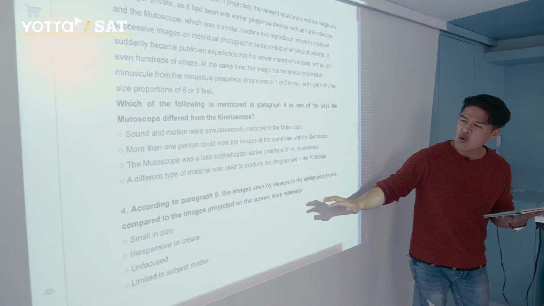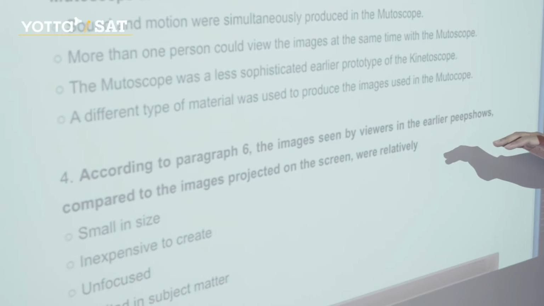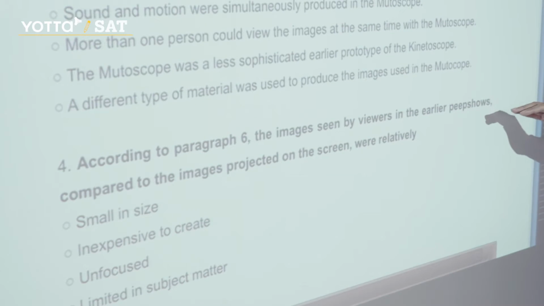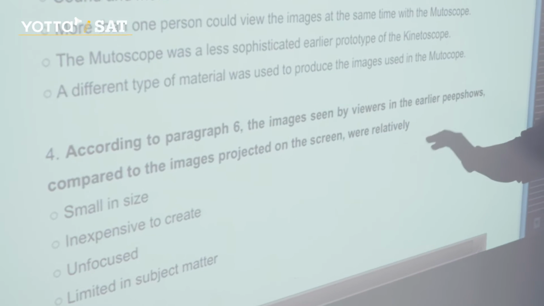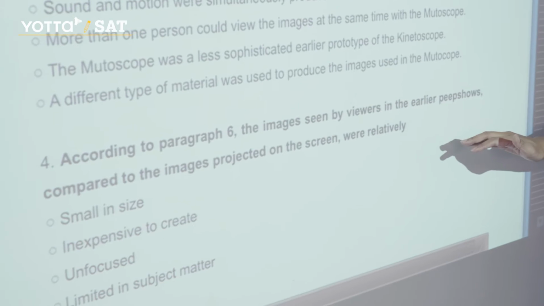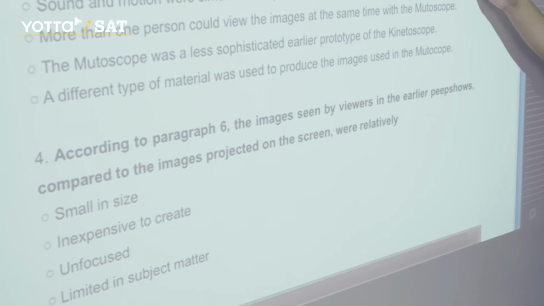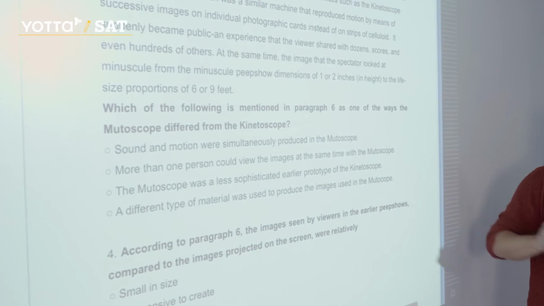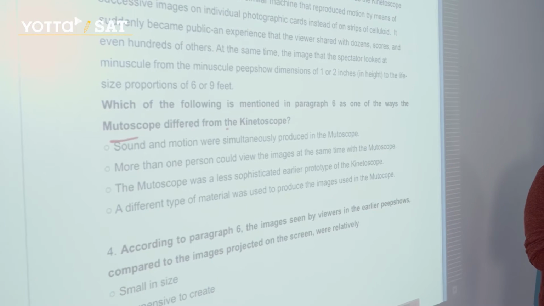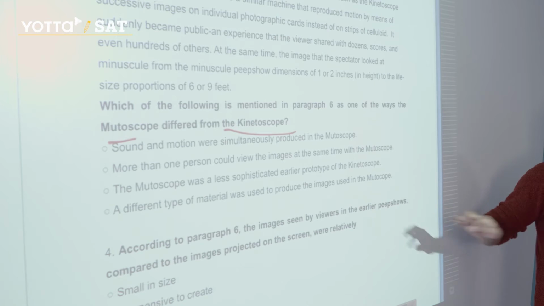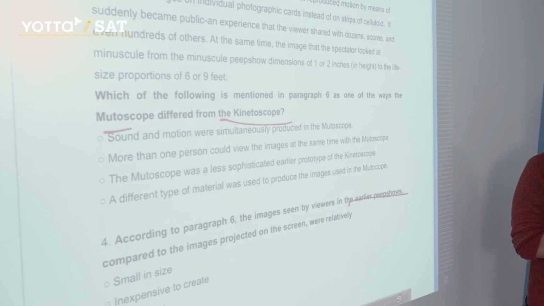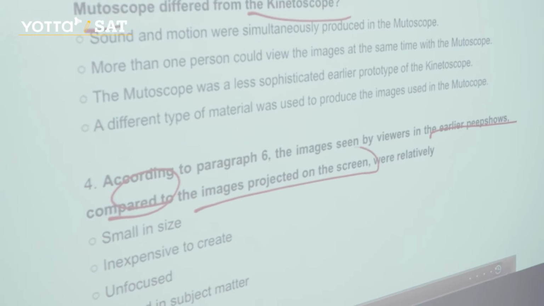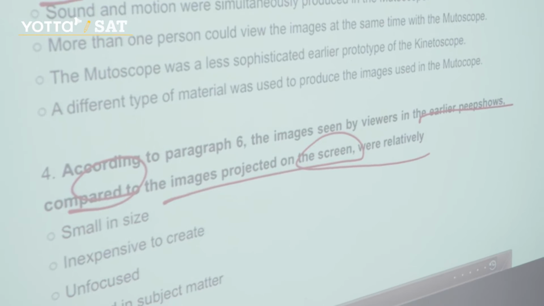Question number 4, according to paragraph 6, the images seen by viewers in the earlier peep show compared to the images projected on the screen were relatively what? These two go with this paragraph. The key words for the first one are mutoscope and kinetoscope. The key words for the second one are earlier peep shows compared to images, relatively what?